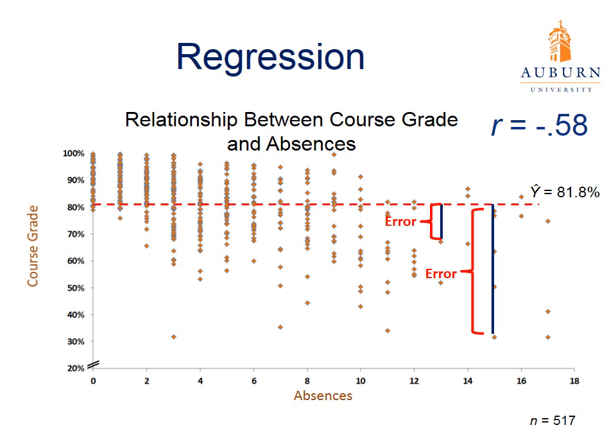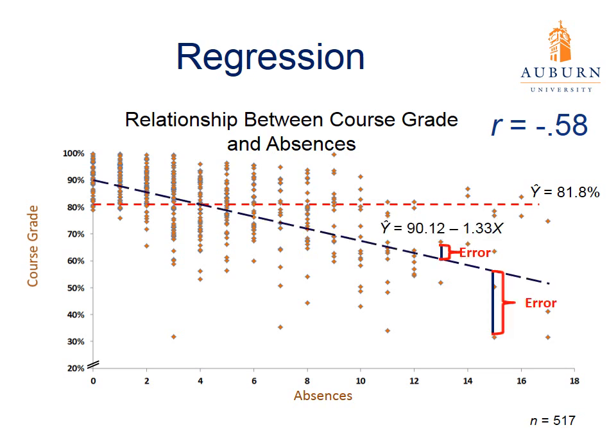And so in this case, we may add a predictor of absences. So if we can add a predictor and get a better estimate with less error, then we can do a better job of predicting students' grades at the end of the semester. If we add a predictor such as absences, then we can create a new line that best represents course grades at the end of the semester, given the number of absences students have.